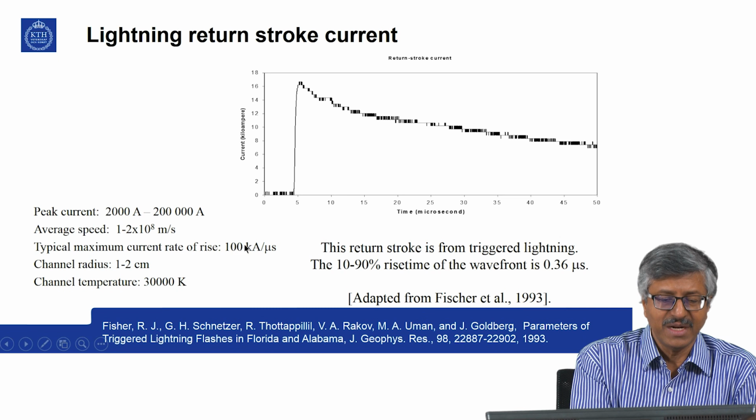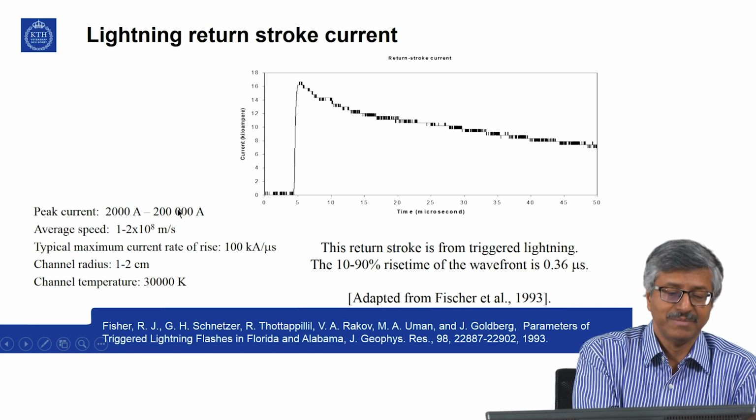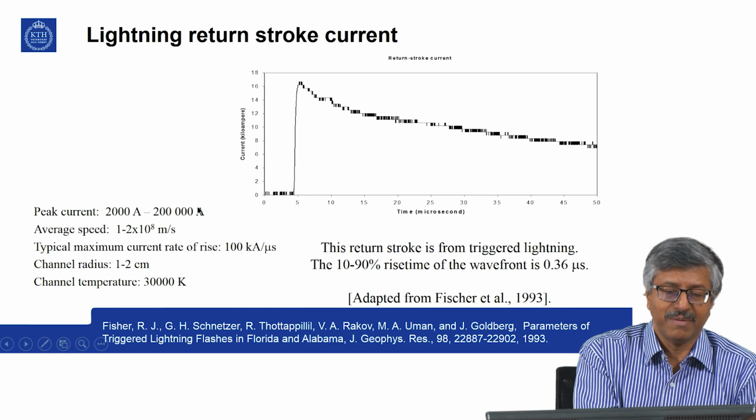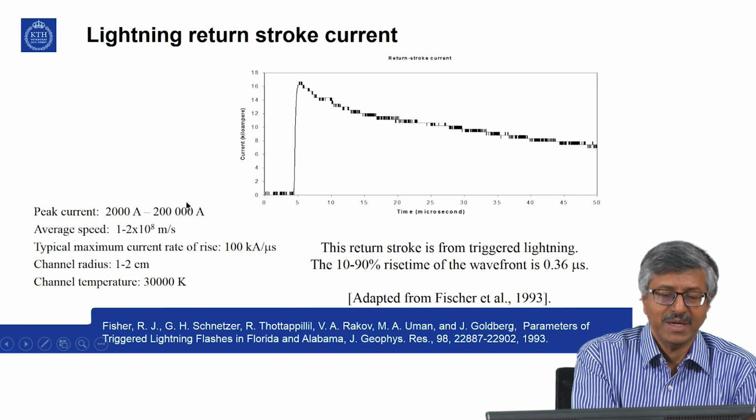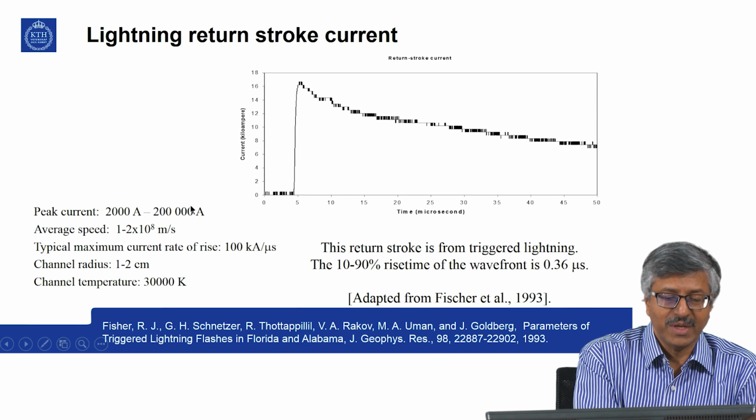So we are very much interested in this figure in terms of peak current, because current squared times any resistance gives you the effect that is happening in terms of the power.